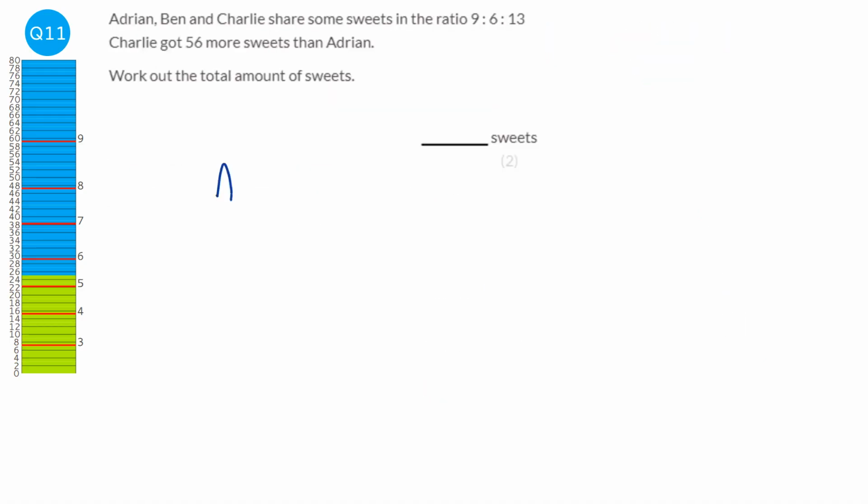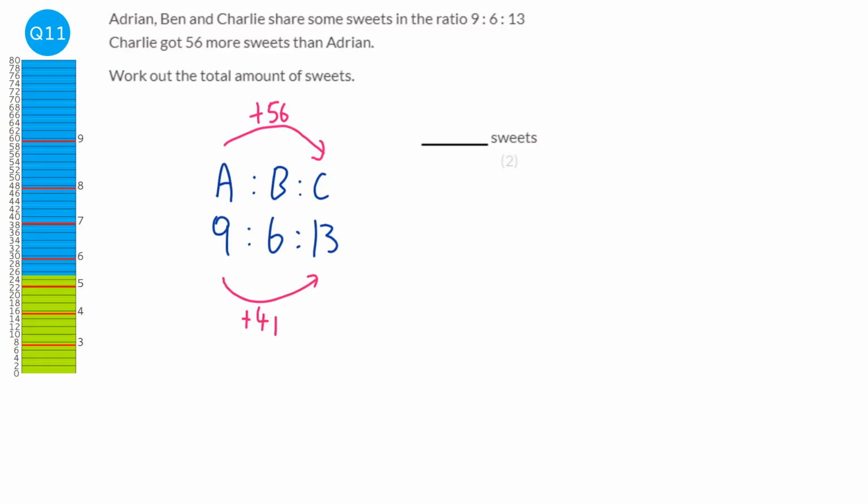So this question says that Adrian, Ben and Charlie have some sweets, and the ratio of Adrian to Ben to Charlie is 9 to 6 to 13. But it also says that Charlie has 56 more sweets than Adrian. Well, looking at the actual parts of the ratio, there are 4 more parts.